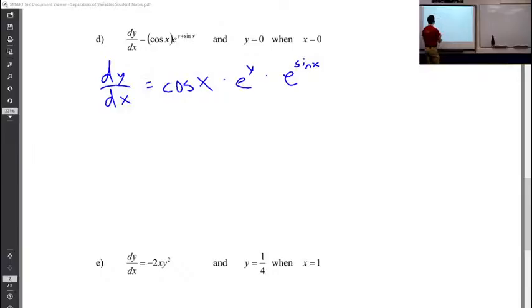So I'm going to separate those variables. I'm going to divide by e to the y. 1 over e to the y, just to make it easier to do antiderivative, 1 over e to the y is e to the negative y. Right? If the exponent's going on the bottom, that's just e to the negative y.